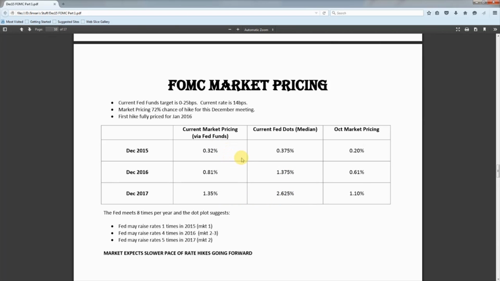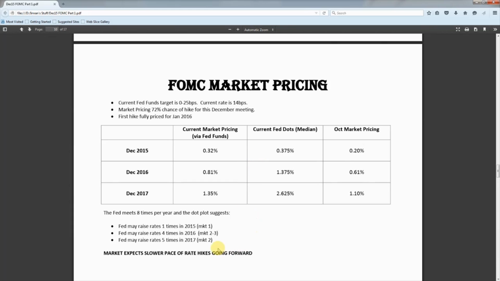The differential for tomorrow's meeting is pretty much non-existent, and as we saw in October, the market was only pricing 0.2 Fed funds rate, so we're a lot higher now and a lot closer to the Fed median dots.